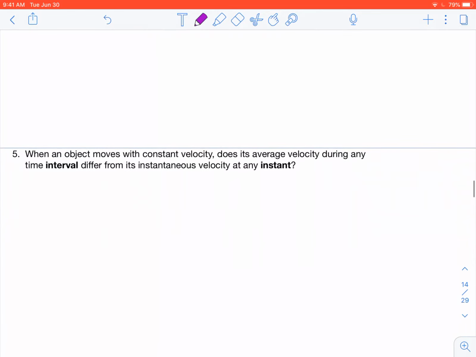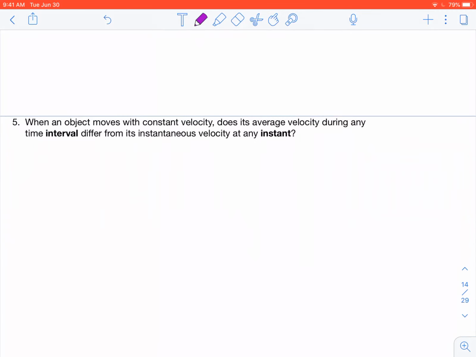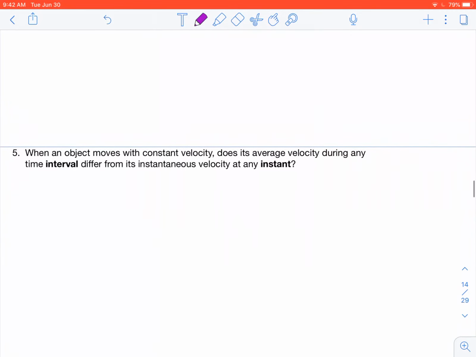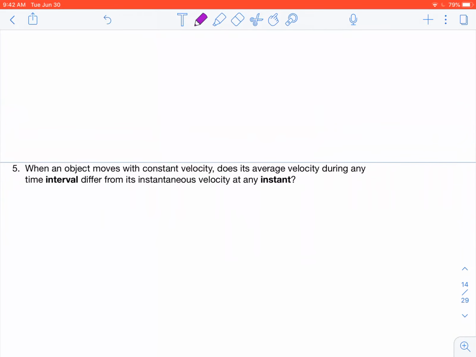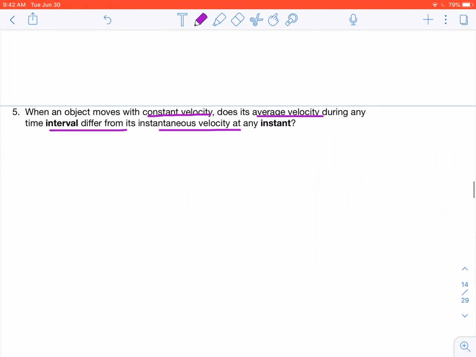Right, now let's look at this question: when an object moves with constant velocity, does its average velocity during any time interval differ from its instantaneous velocity at any instant?